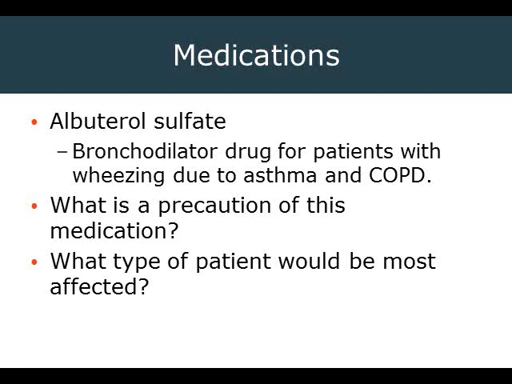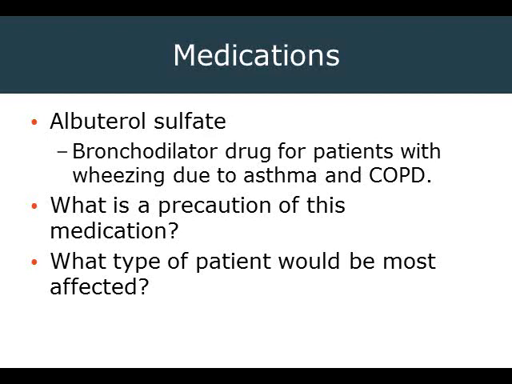Otherwise, we're going to give a small volume nebulizer, and this says 2.5 milligrams diluted in 2.5 mLs over 5 to 15 minutes. Pediatric dose is 0.15 milligram per kilogram diluted in 2.5 mLs of normal saline. Let me give you the realistic version of this.